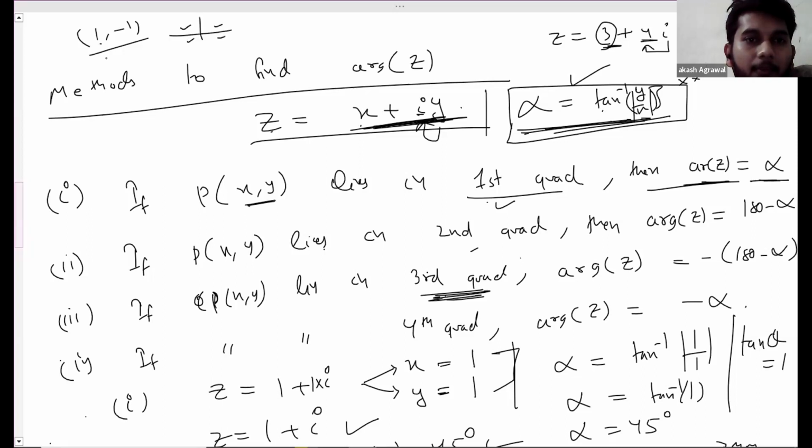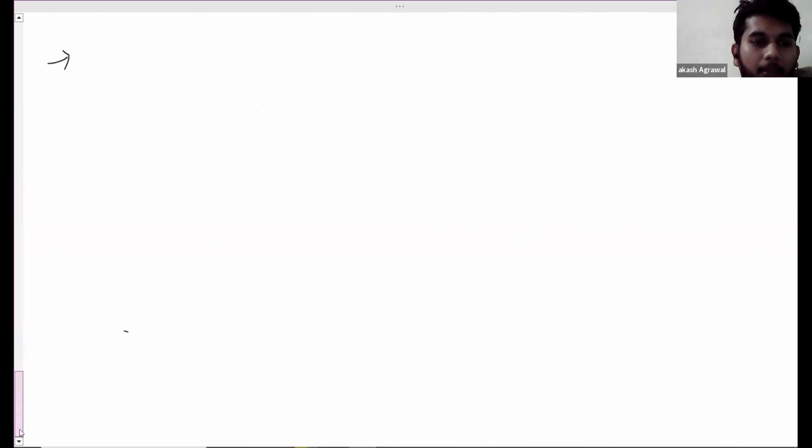First, second, third, fourth? 1 comma minus 1. This is a point, right? So which quadrant does it lie in?